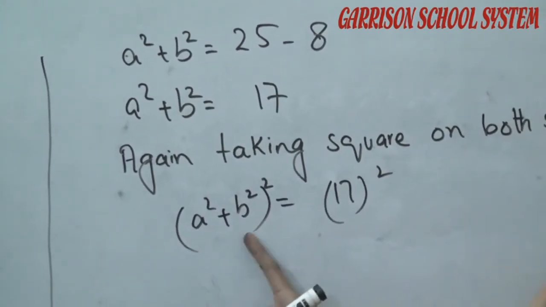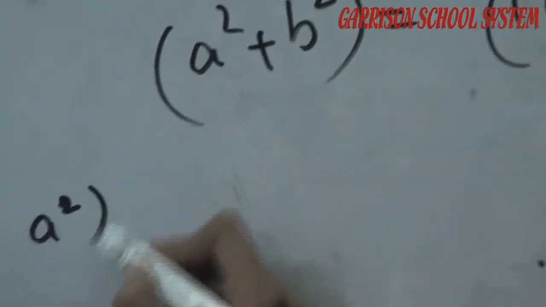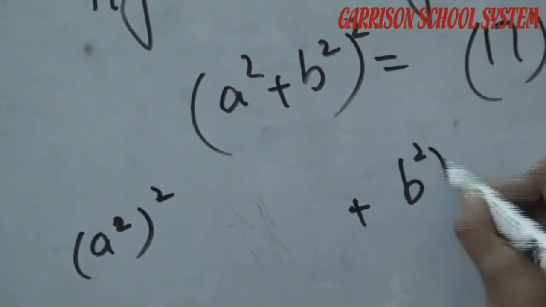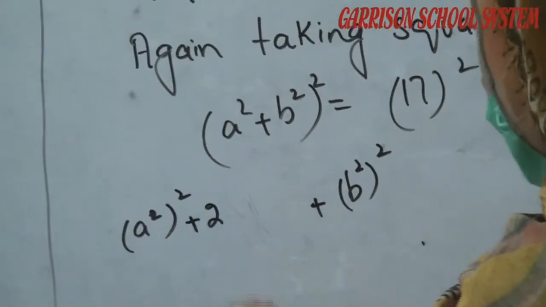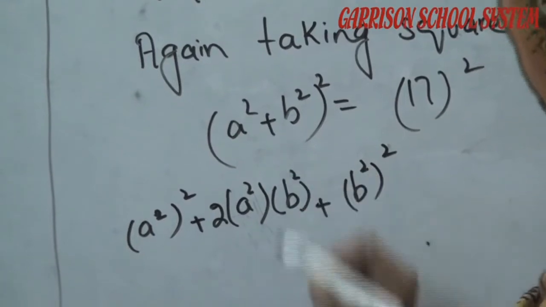I will open this side by using the formula: a square plus b square whole square is equal to the first term, a square whole square, plus the last term, b square whole square, plus the middle term, 2 into a square into b square.